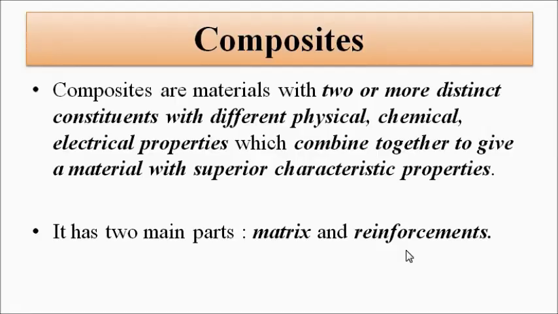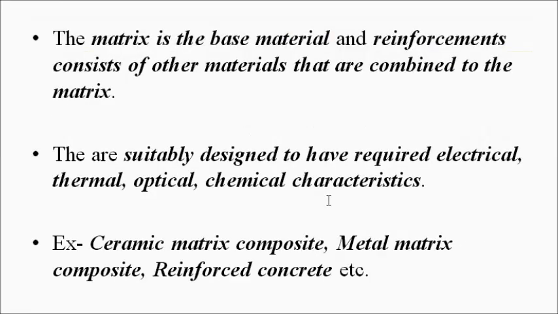So the composites, they have two main parts. First is the matrix and second is the reinforcement. So the matrix, it is the base material, okay, the foundation of composites, and the reinforcement material, they are combined with the matrix to give a product with superior characteristics, okay.